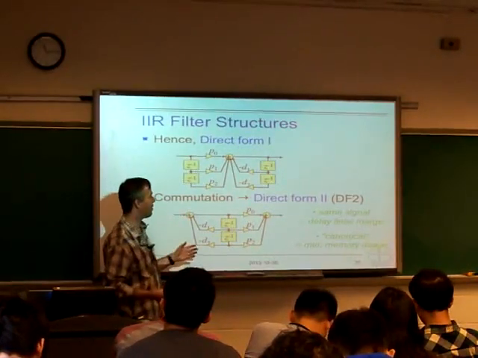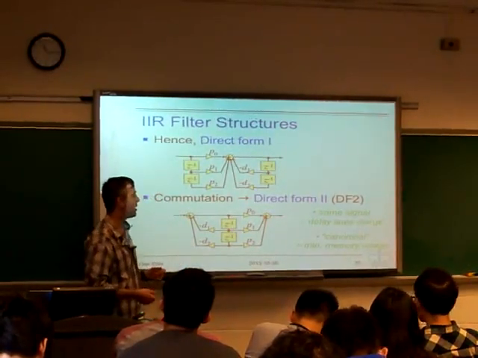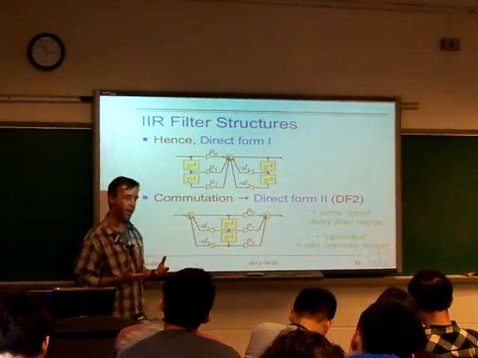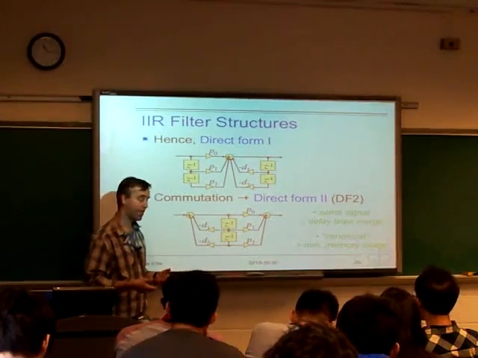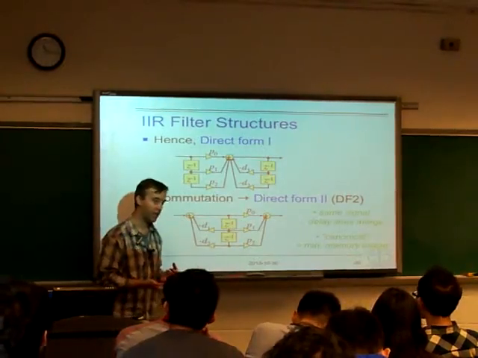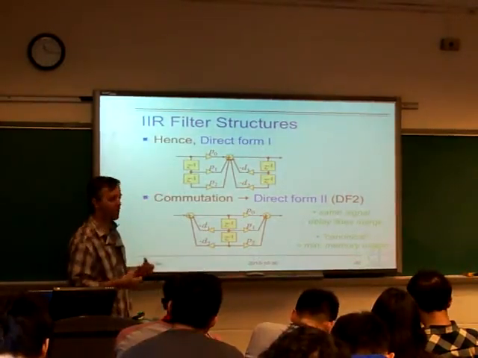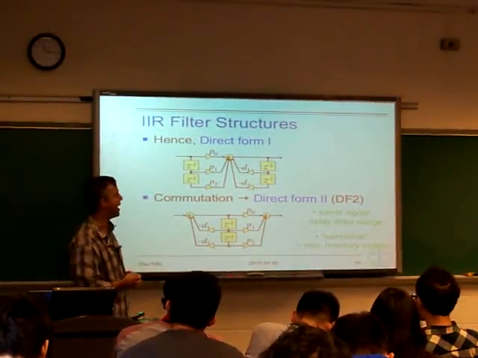And so this is called a canonical realization because it uses just as many memory elements as the order of the system, the greater of the number of poles and the number of zeros, which is the minimum number of memory elements we can use.